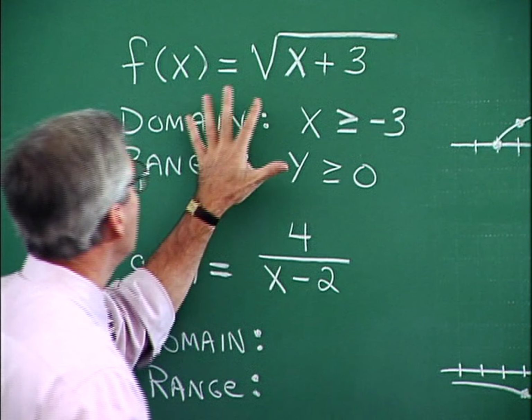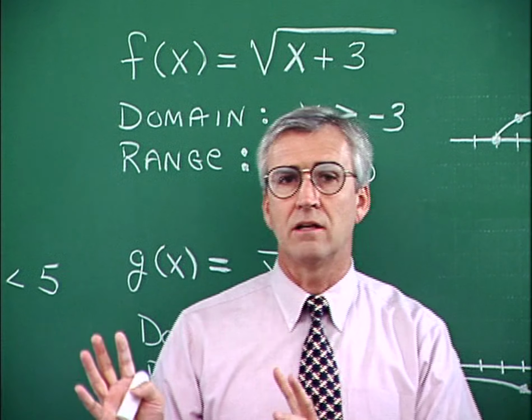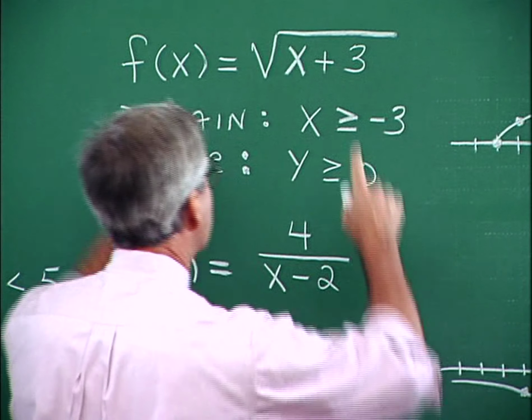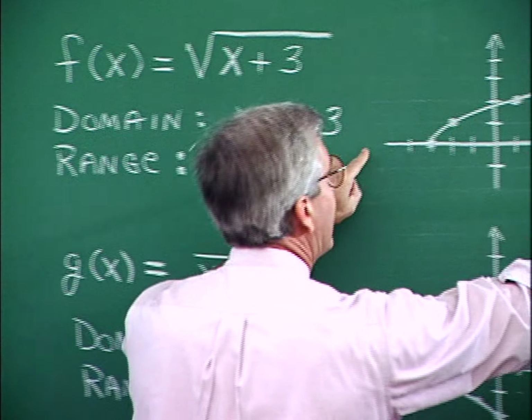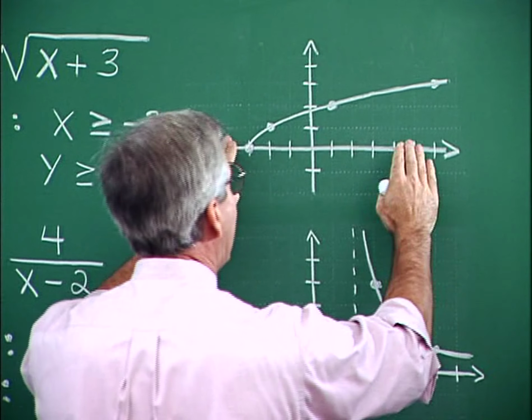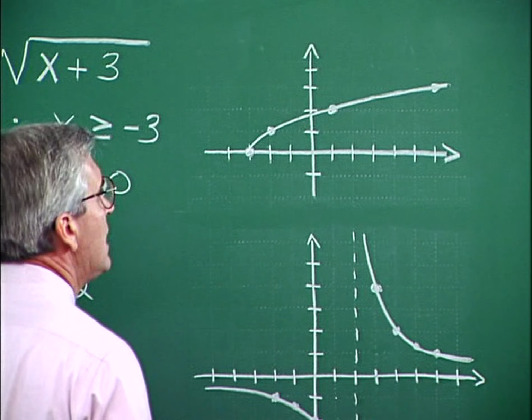Well, we're looking at domain and range now algebraically, and we also want to look at it graphically. Let's slide over and look at the graph of this function and decide on domain and range. It turns out that it's sometimes easier to look at it graphically than algebraically.